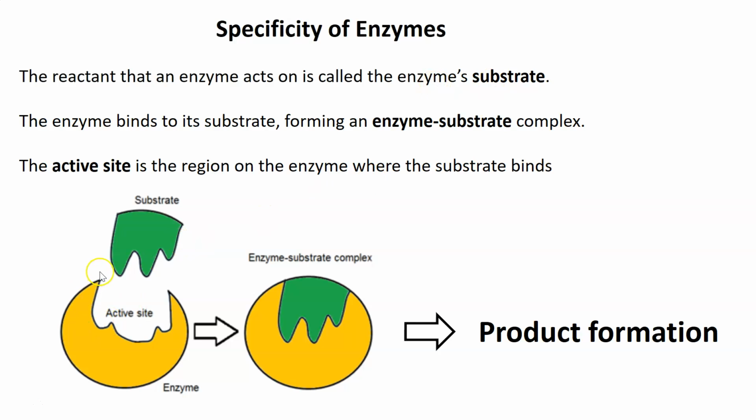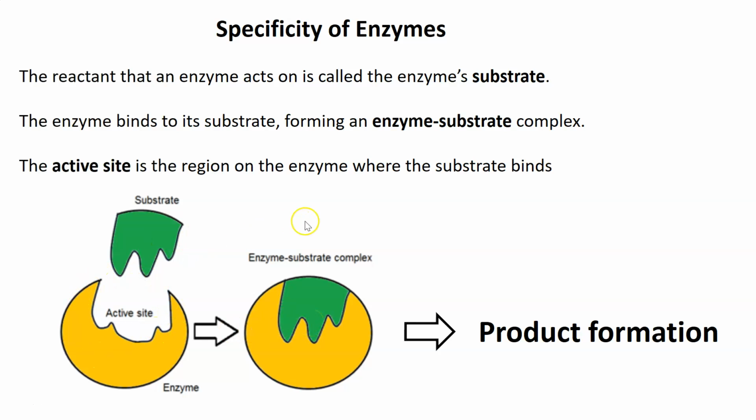They're specific for substrates because the substrate has a complementary structure to the active site of the enzyme. Broadly speaking, the substrate's three-dimensional structure fits into the three-dimensional structure of the active site of the enzyme. If they both come together, then the enzyme can perform its catalytic reaction.